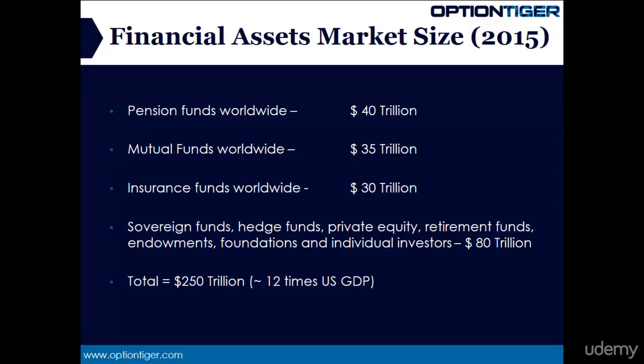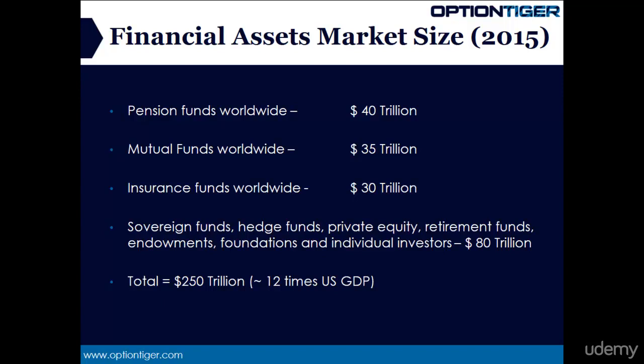So in total, somewhere between 220 and 250 trillion dollars is available for investment and is looking for a return. But it's also looking for safety, because these are the kinds of funds that don't want to hit the ball out of the park. All they want is safety of principal and a little return for their money.